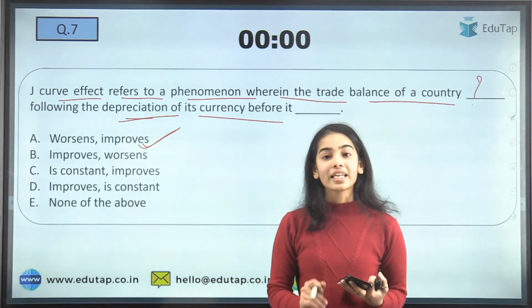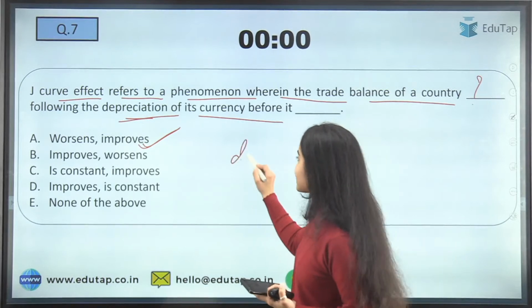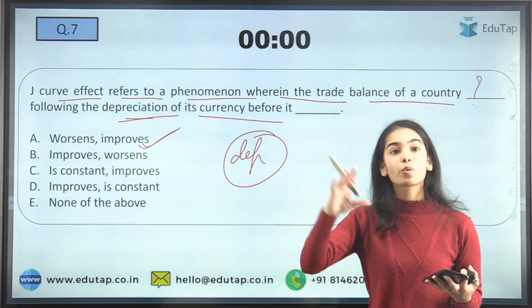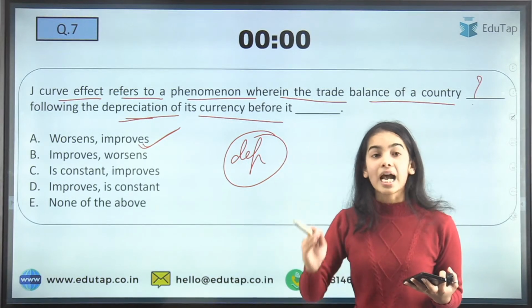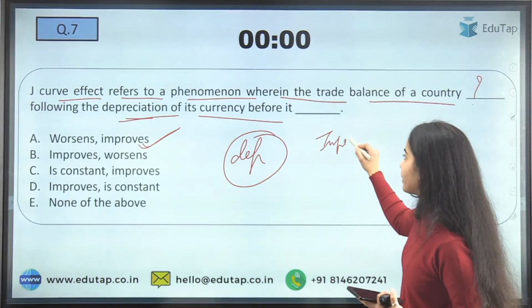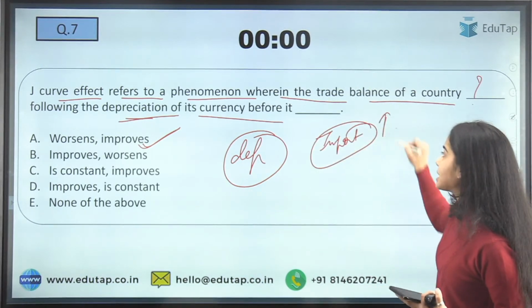See, in the starting, when your currency is depreciating, the exports won't directly increase. It takes time for the exports to increase, but the import is that much only, and the import has got expensive.